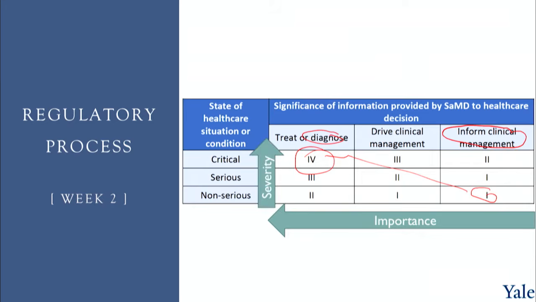And the severity of the situation of the patient. Are we talking about somebody who's in a non-serious situation, or somebody who's in a very critical condition? The further you go to the upper left, the classification goes from 1 to 4. And the regulatory process will change as you move from a low-risk piece of software, class 1, to a high-risk piece of software, class 4.